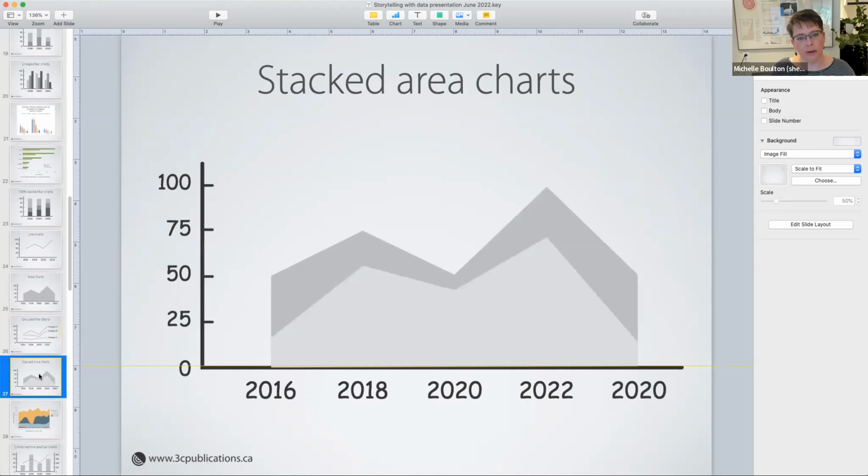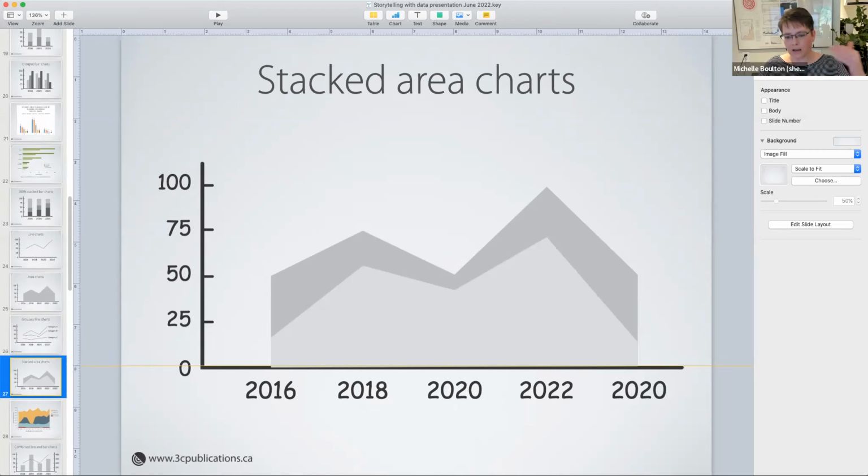And so if we're going to make a stacked area chart with more than one line, this is what it might look like. There's a couple of different ways you can do a stacked chart. They can either be layered one in front of the other, in which case what you have is basically the exact values, one chart in front of the other.